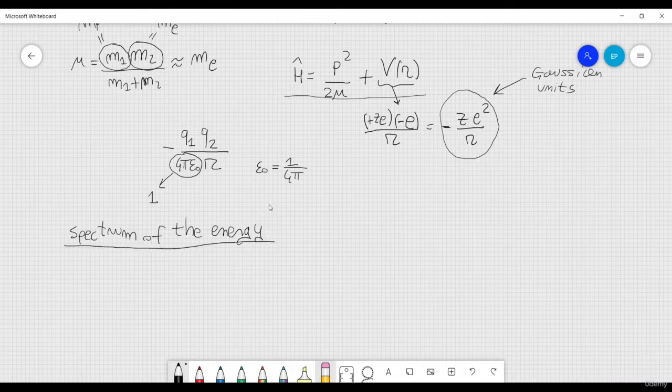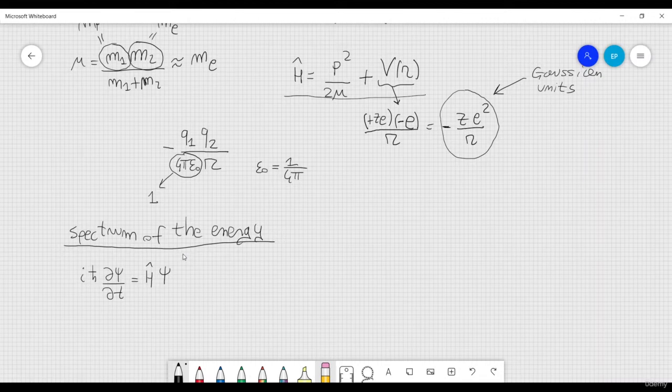And in order to do that, we need to start from the Schrödinger equation, which is i h bar d psi over dt equal to the Hamiltonian acting on psi.